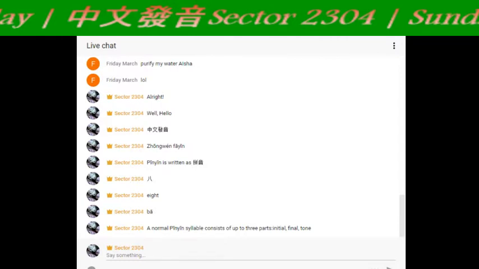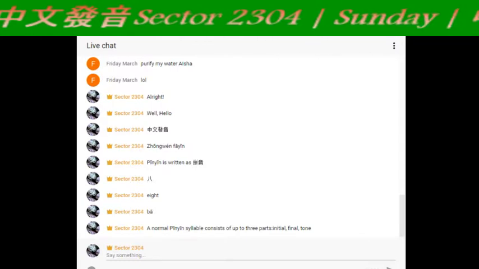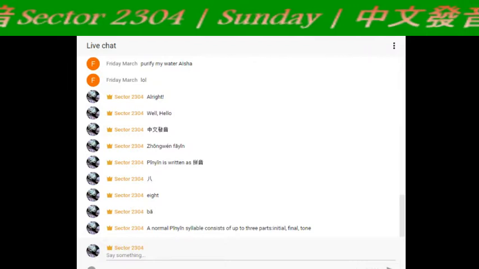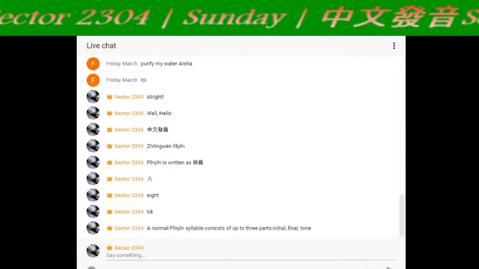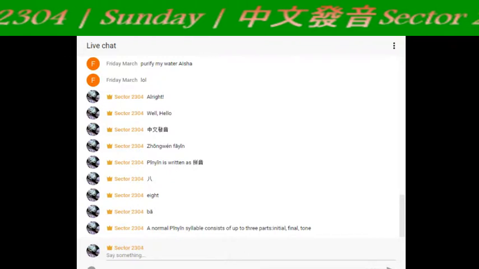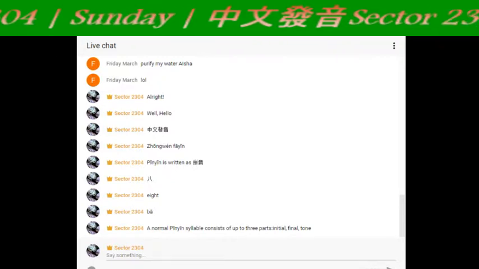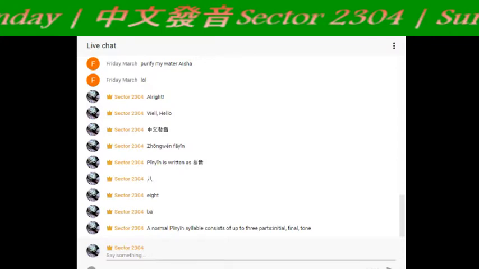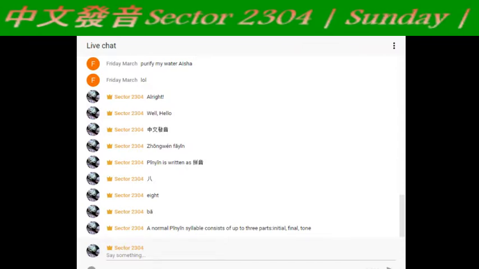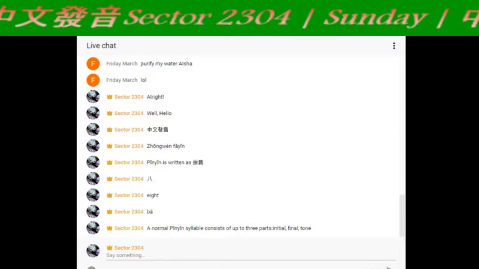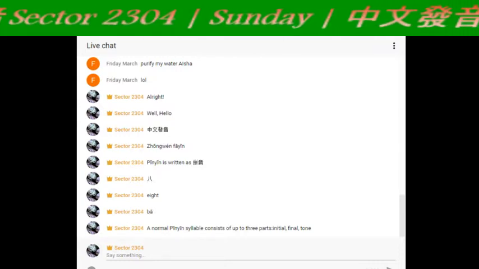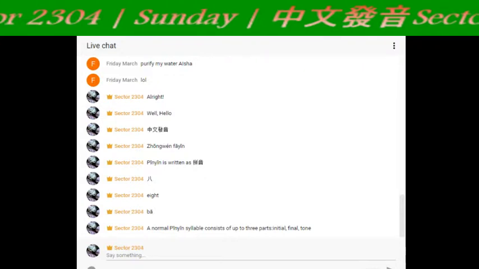Initials are always placed at the beginning of a pinyin symbol. You can only use one initial per symbol. Each initial is made up of 1 or 2 letters. There are 23 initials total in Chinese.